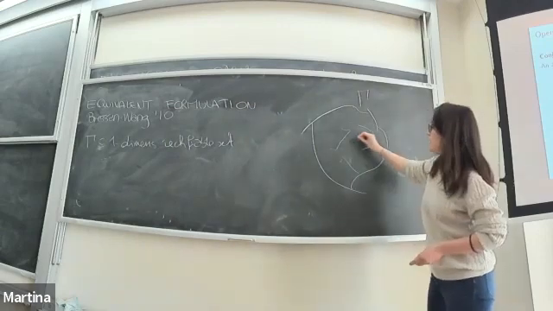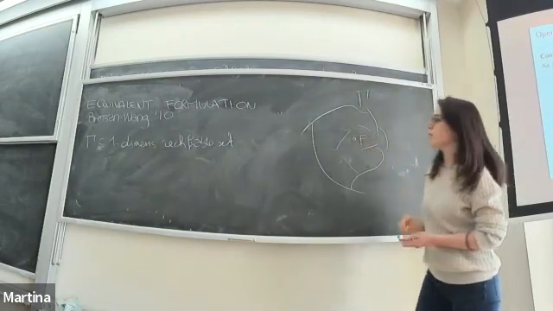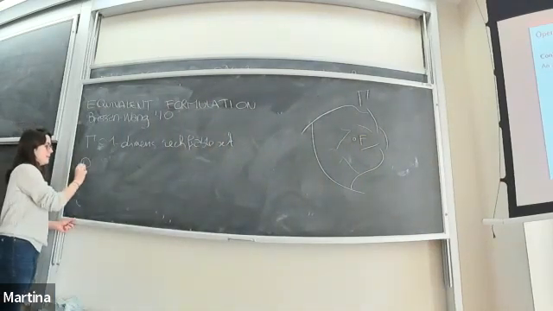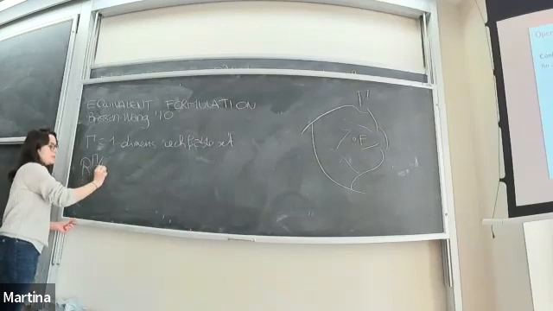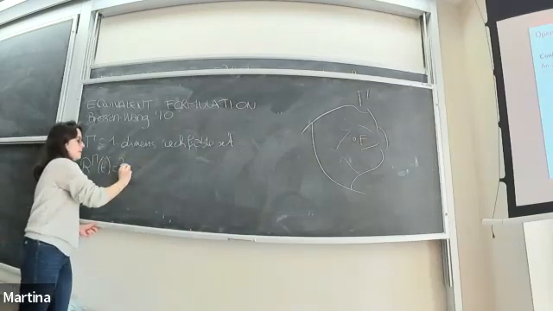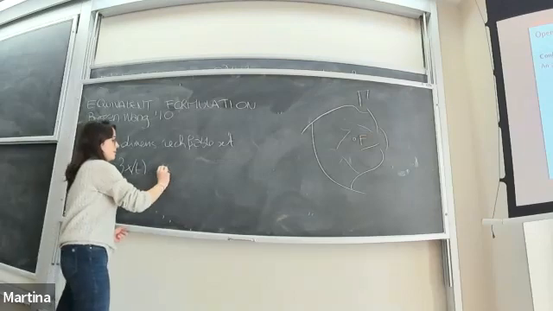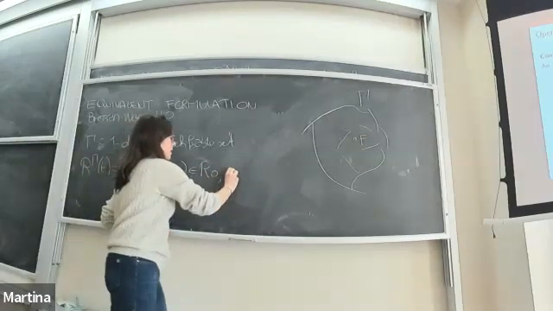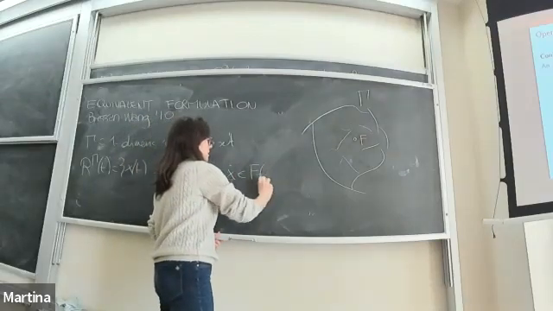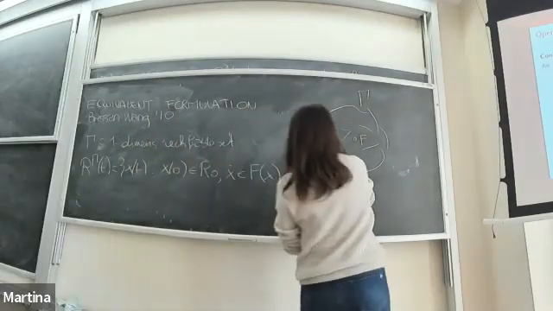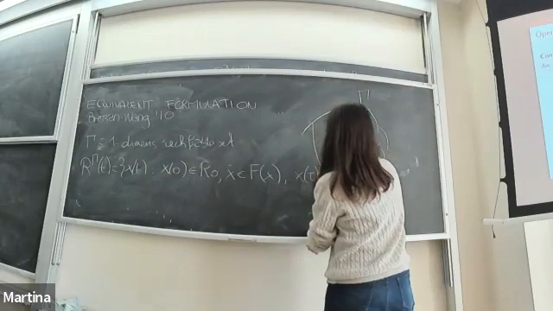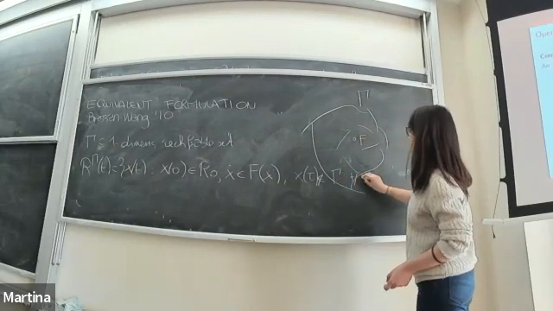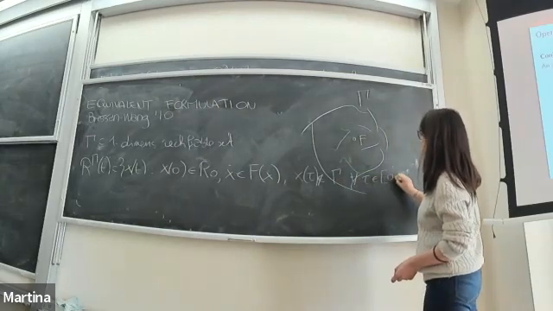And then I have the fire. After having given gamma, I define R gamma of T as the set of x(T) such that x(0) is in the starting region, x dot is in F of x, and x(tau) is not in gamma for every tau in [0,T].